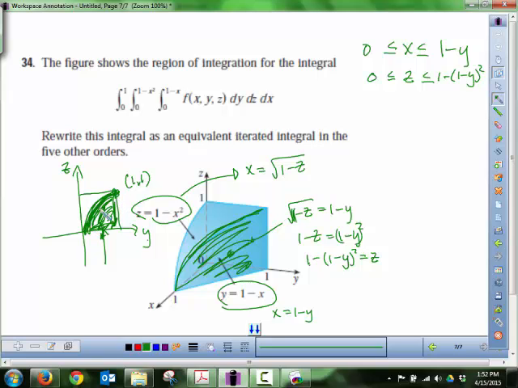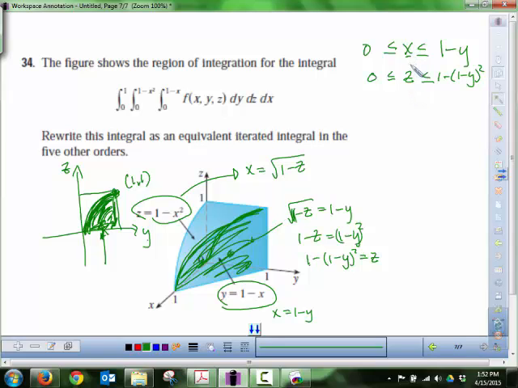If I'm within this region, then I'm within this region over here. So if I integrate with respect to x already, my three-dimensional picture is done, and I'm looking at my two-dimensional picture, and I'm right here. Okay? Well, we'll keep that thought and see if it changes as I go along with this.